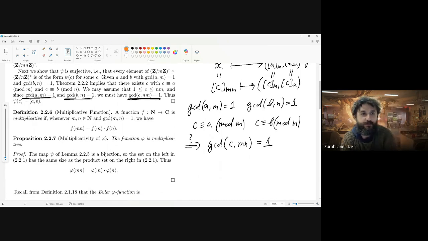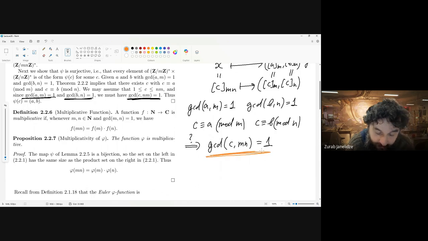So let's try to see if we can prove this on the spot. What would happen if this wasn't the case? What would happen if GCD of C and MN wasn't equal to 1? It means that we have some number, let's call this number k, that divides both C and also MN, right?